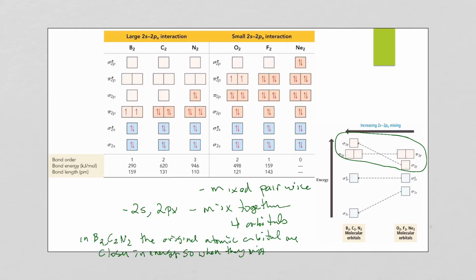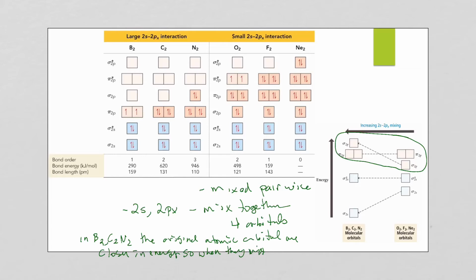If there's a lot of energy difference between the S and the P orbitals, then they're not really going to overlap when they mix. We're going to see that nice pairwise mixing. But if the 2S and the 2P are close in energy originally, then we can see them mixing crosswise, and we get this more complicated S and P mixing.